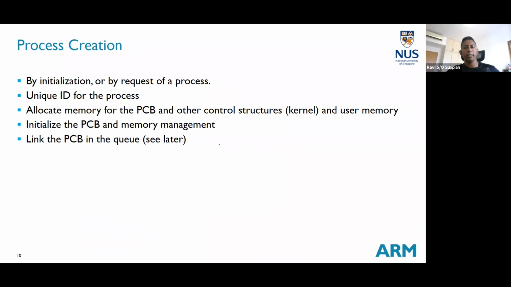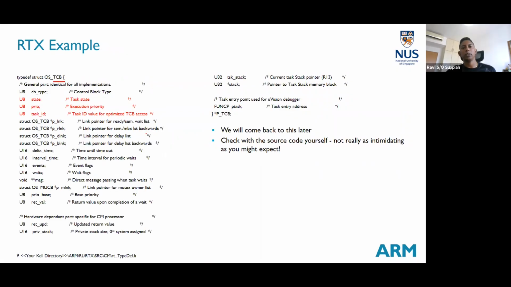Okay, so now let's look at process creation. When you create a process, that means when you start a new task or a new process, the OS will give us a unique ID, which will be used by the OS to reference this process or this task. At the same time, it will allocate memory for the process control block, because to store all this information you need some memory.